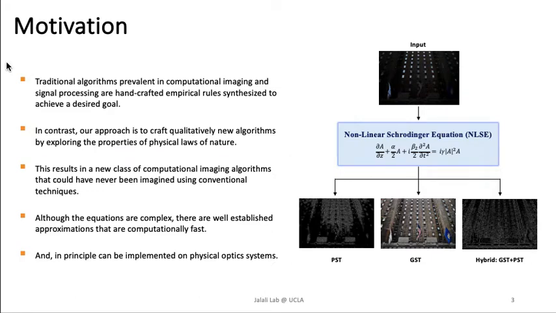So the basic motivation is as follows. The background of our lab is in hardware, specifically photonic and optical hardware. But we've taken this journey into the world of algorithms with the development of image processing techniques that simulate physical optical systems. Specifically, they simulate propagation of an EM signal through a diffractive medium according to the nonlinear Schrodinger equation.